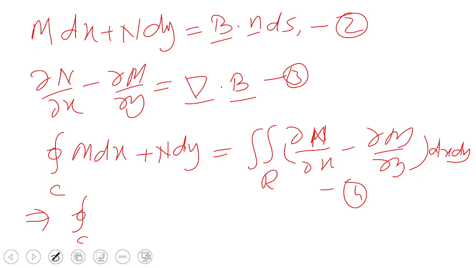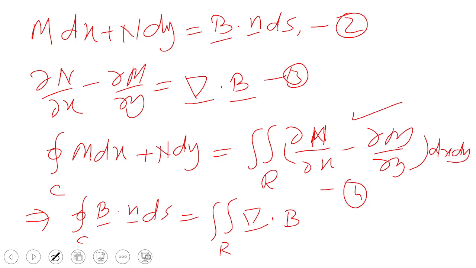integral over the closed curve, this M dx plus N dy is B dot n ds, is equal to the double integral over the region, and this value is written as the divergence of B from 3, and dx dy we write it as dr, the increment of the region.